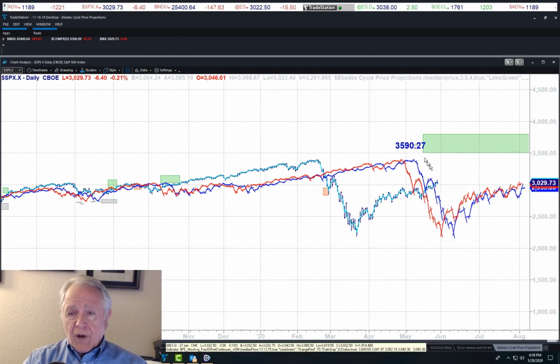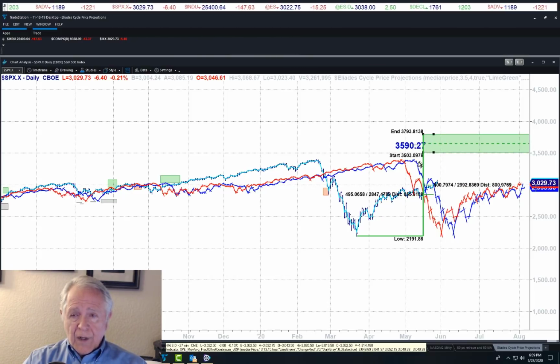And the projection calls for 35.90 plus or minus 10%. 10% of the total move from this low on March 23rd to the projected high, okay? And that gives you final projections of 35.03 and change to 37.94, rounded off.